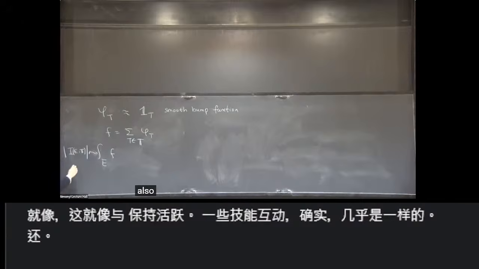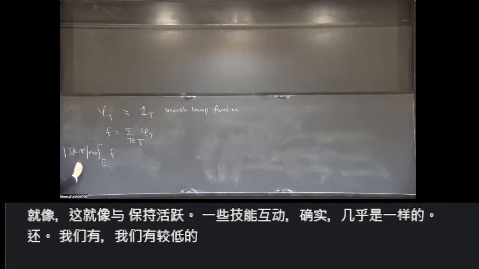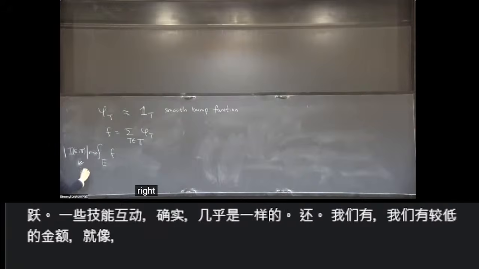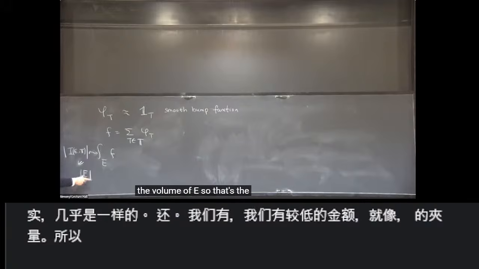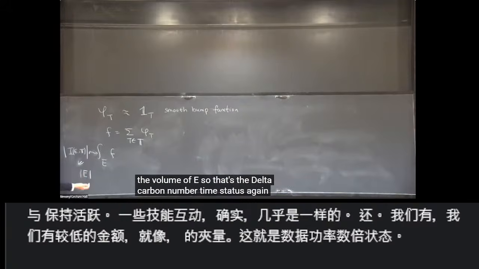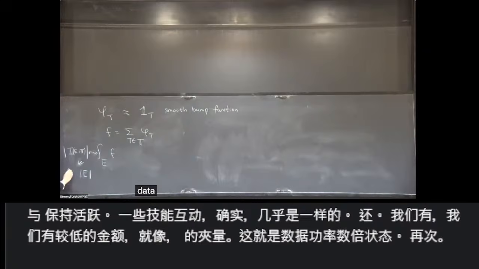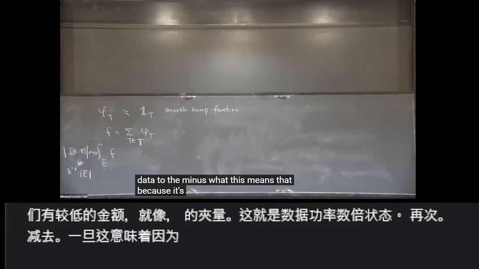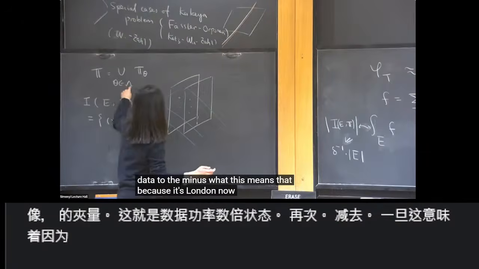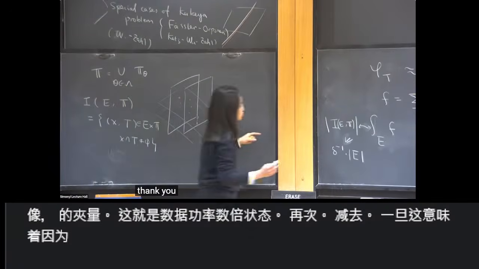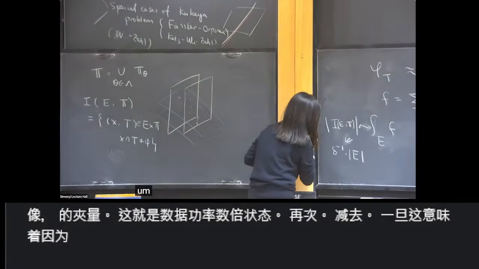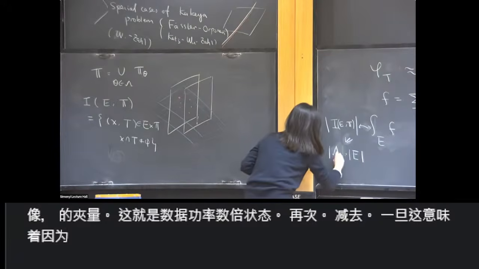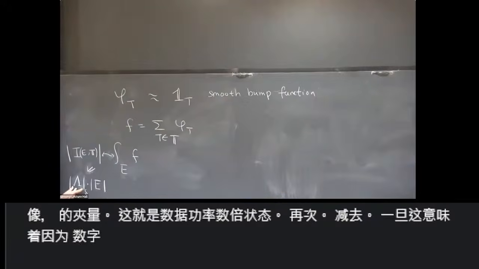Also, we have a lower bound, which is the volume of E. That is the delta covering number times delta to the n, and then delta to the -1. This means that, because it's lambda now, sorry, that should be the delta covering number of E at lambda.